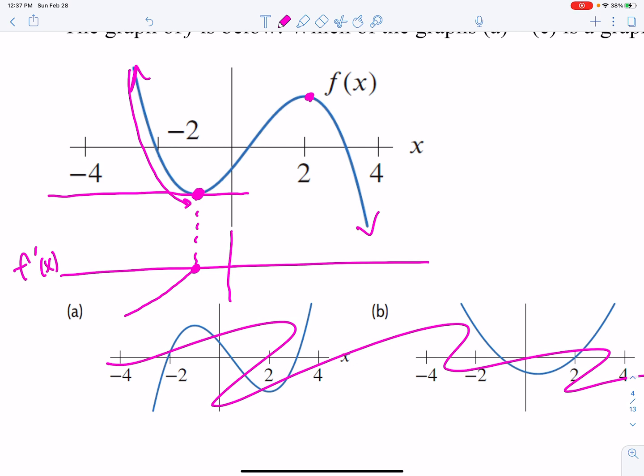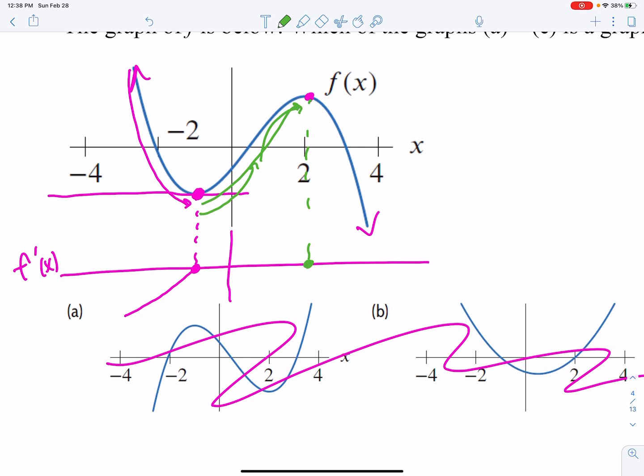Now we notice from here to this maximum, which again means the slope's going to be 0 here, we have a positive slope. Now look at what's happening though. We have an increasingly positive slope here and a decreasingly positive slope here.